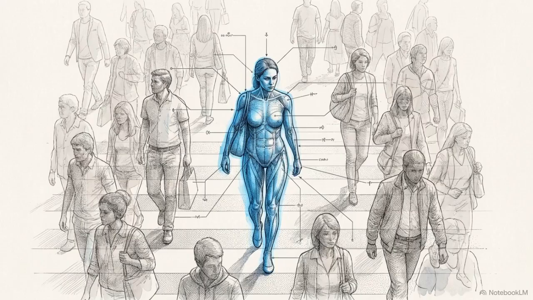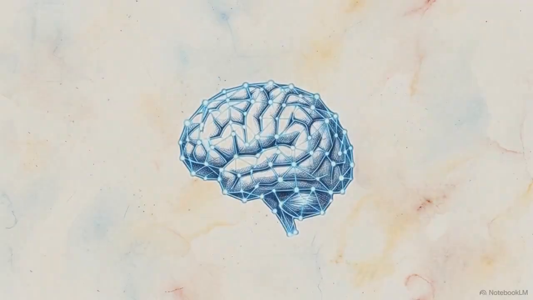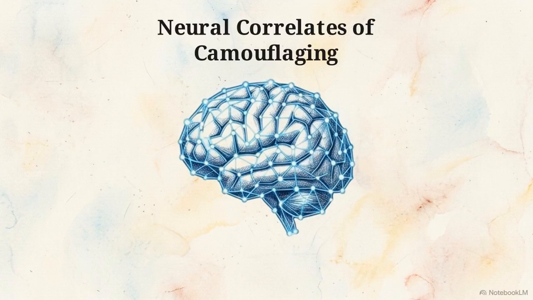When these metrics are applied across the population, a sharp disparity emerges. Camouflaging is significantly more prevalent in the female ASD phenotype. This highly developed ability to blend in is the primary driver of delayed or missed diagnoses in adult women compared to men. Research by Meng-Chuan Lai and colleagues links these behaviors to specific neural activity and structural variations in the brain.